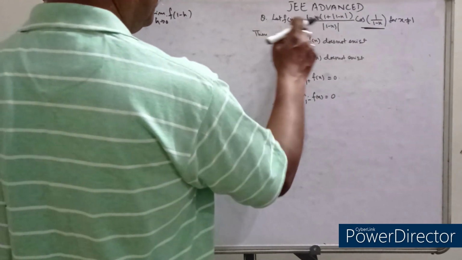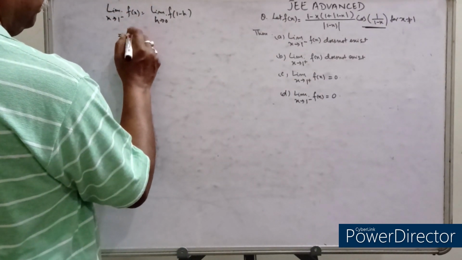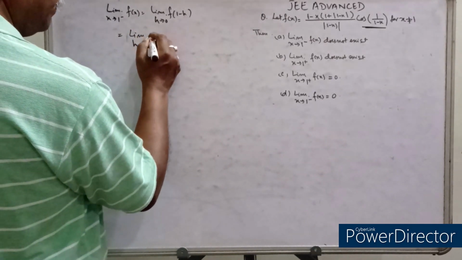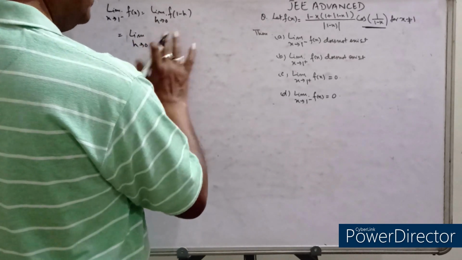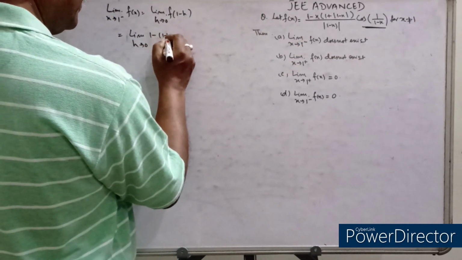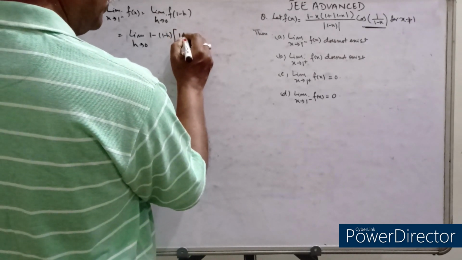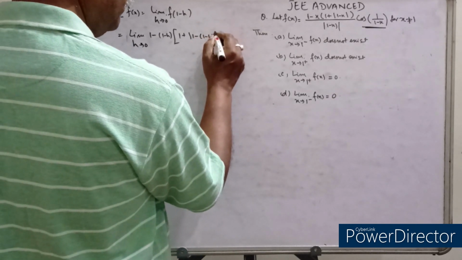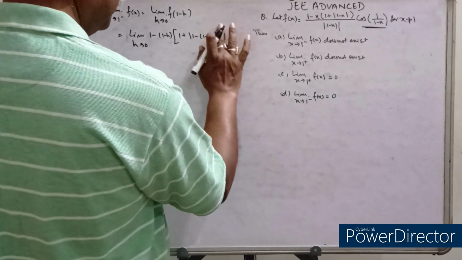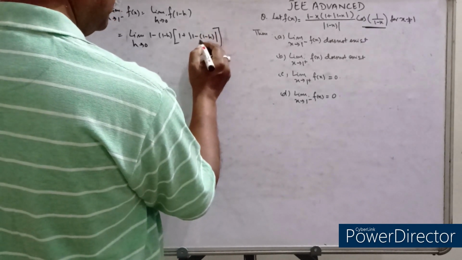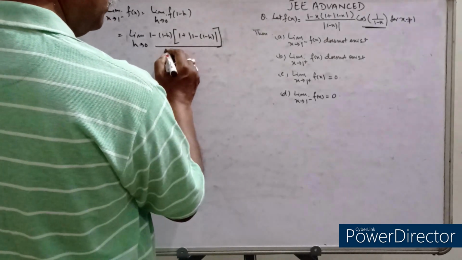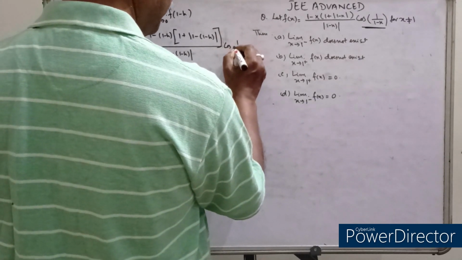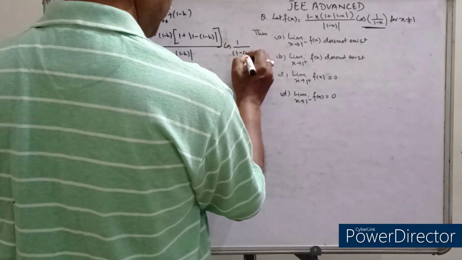Left hand limit, so this will be the limit h tends to 0 of f(1 minus h). Now this is (1 minus h)(1 plus modulus of 1 minus h), and then modulus of 1 minus h, and this is cos 1 by (1 minus h).